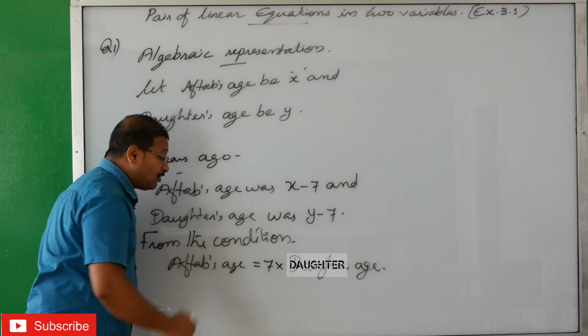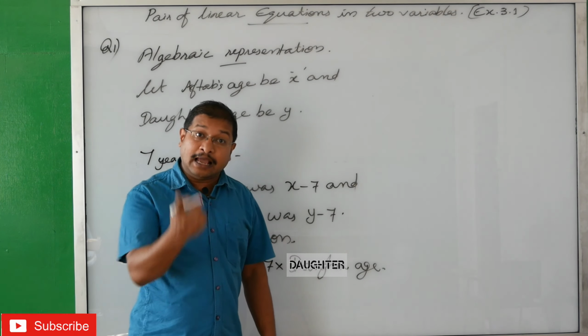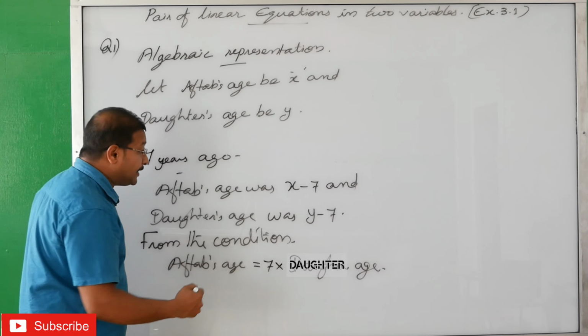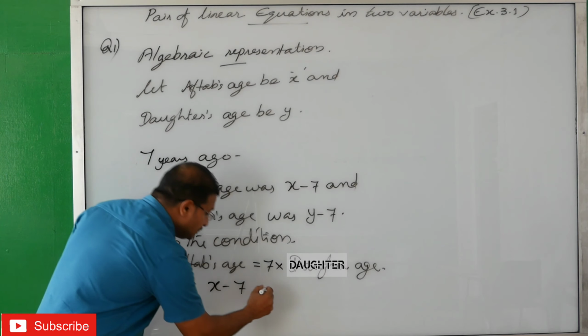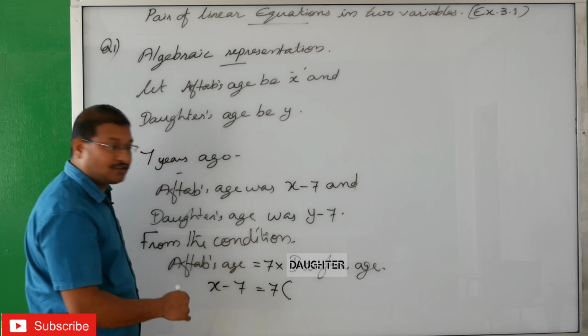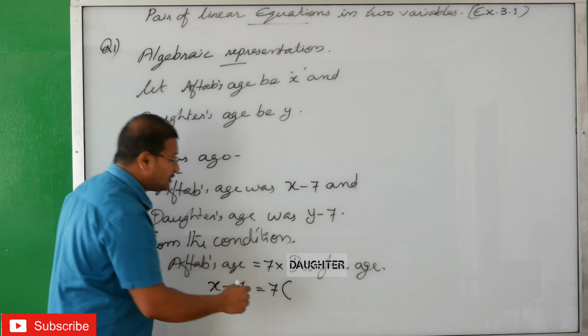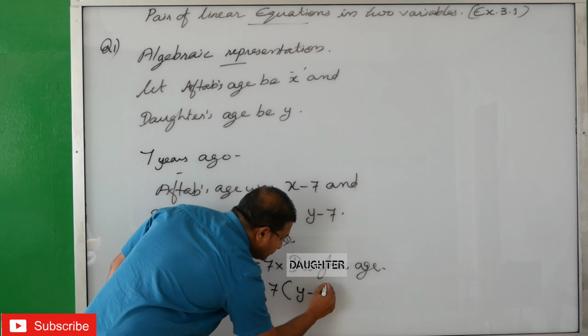Say, Aftaf's age equals 7 times daughter's age. Aftaf's age, how much was that? That was x minus 7 equals 7 into daughter's age. 7 years back, that means y minus 7.